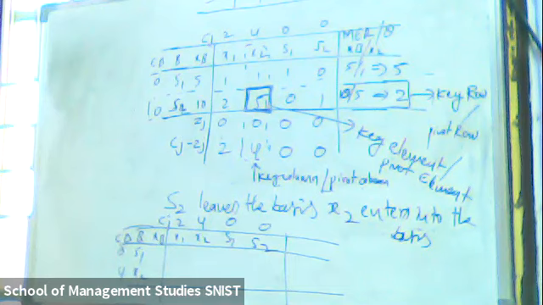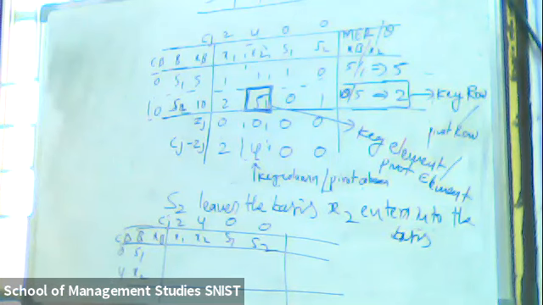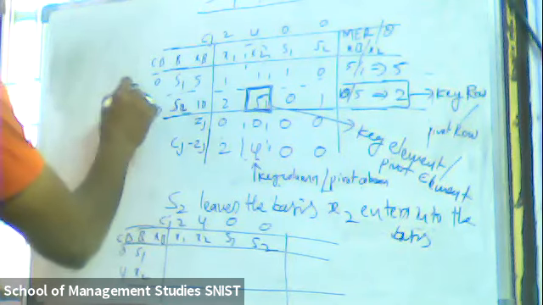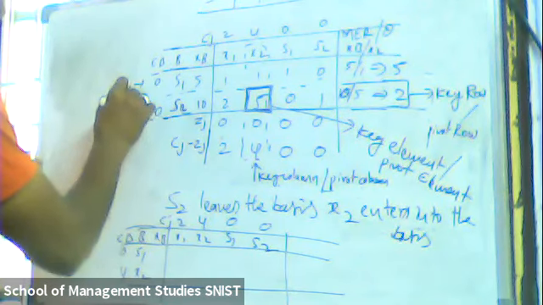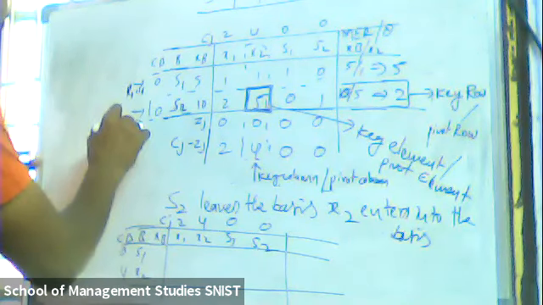Now how to write, which one has to be written, and how to identify these X2 values. Listen carefully. I'm considering this as R1 old, and this is R2 old.